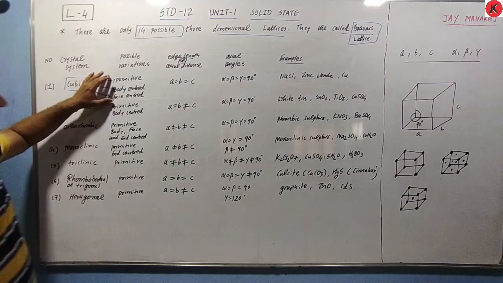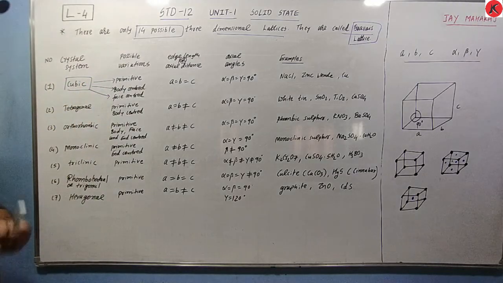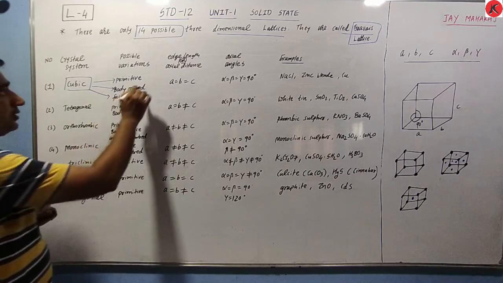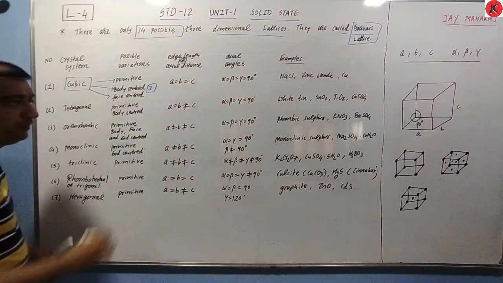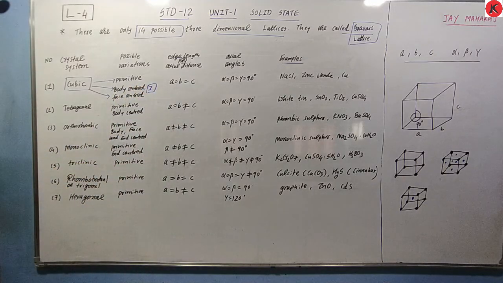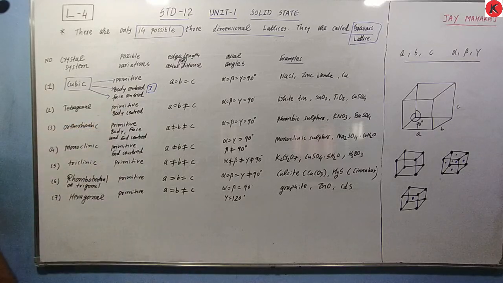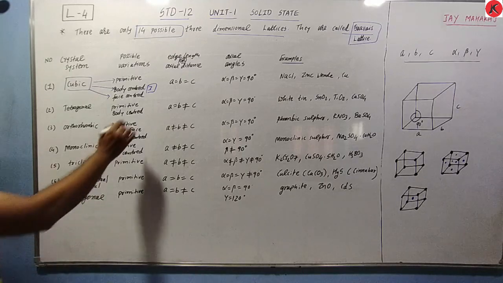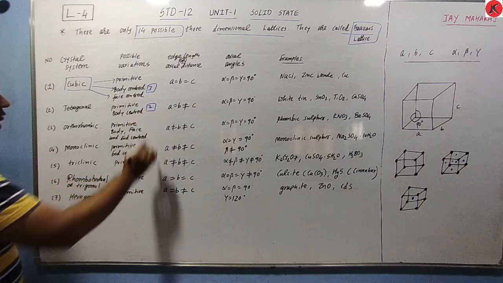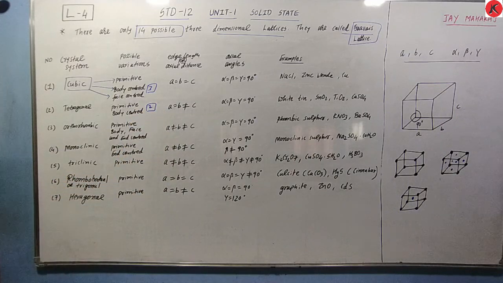So here 3 types of cubic system are there: primitive, body-centered and face-centered. In the case of tetragonal, only two possible variations: primitive, that means corners only, and body-centered, that means corners plus the body center. So here two variations are there.